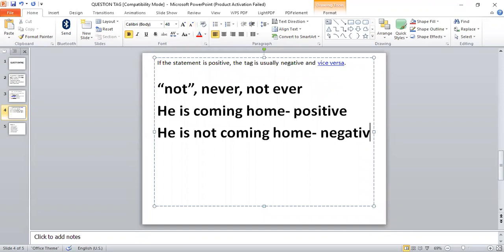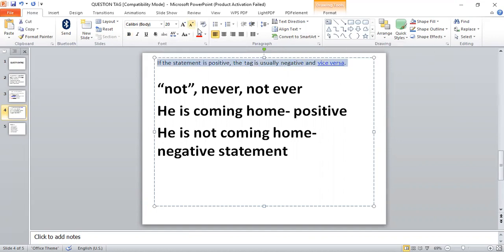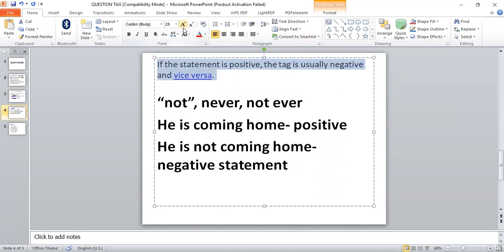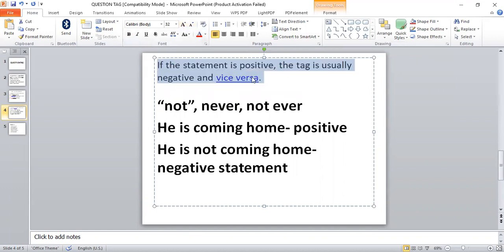This would be a negative statement. So I believe we can see the differences now. So if we are to go by this rule stated here, that says that if the statement is positive, the tag is usually negative, and vice versa.